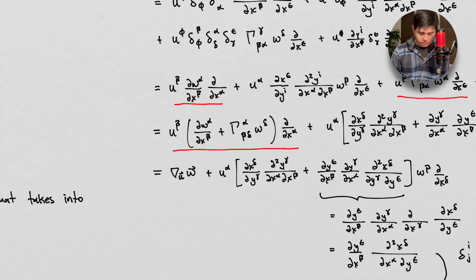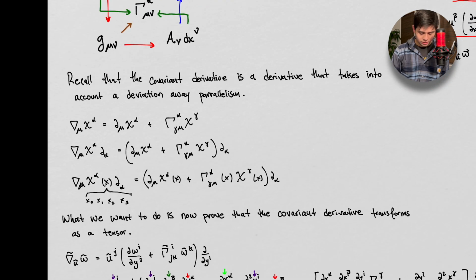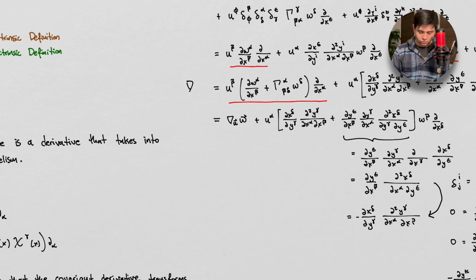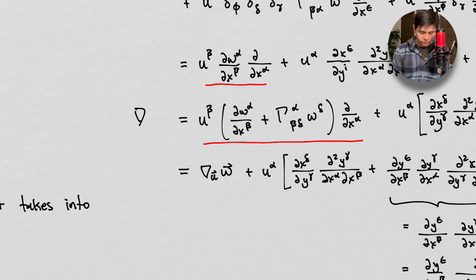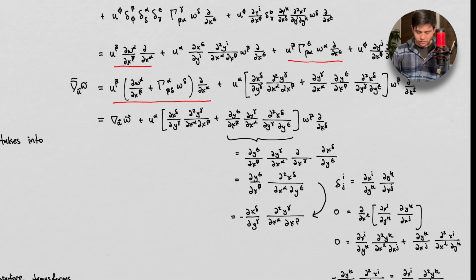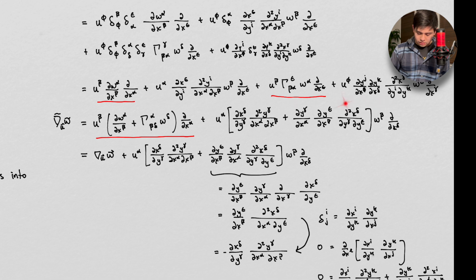All right, so remember that this is the derivative, we said, of omega in the direction of u, right? So of omega in the direction of u transformed into some different coordinate basis. And so what that is right here.